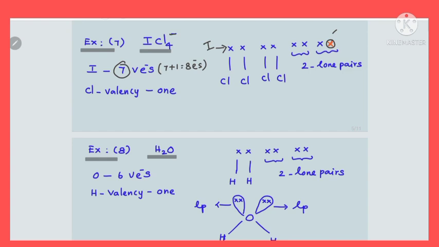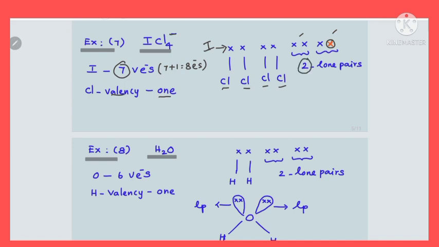Okay, right. Now with the central atom, we have 4 chlorine atoms. Chlorine belongs to the halogen group, valency 1, which means it can make one bond with the iodine. So the 4 chlorine atoms are making single bonds with iodine, which means iodine is using 4 electrons for making bonds with 4 chlorine atoms, so the remaining 4 electrons form 2 lone pairs.